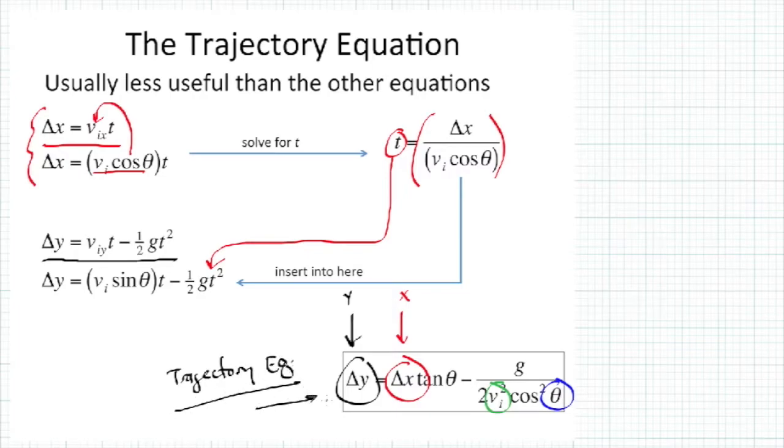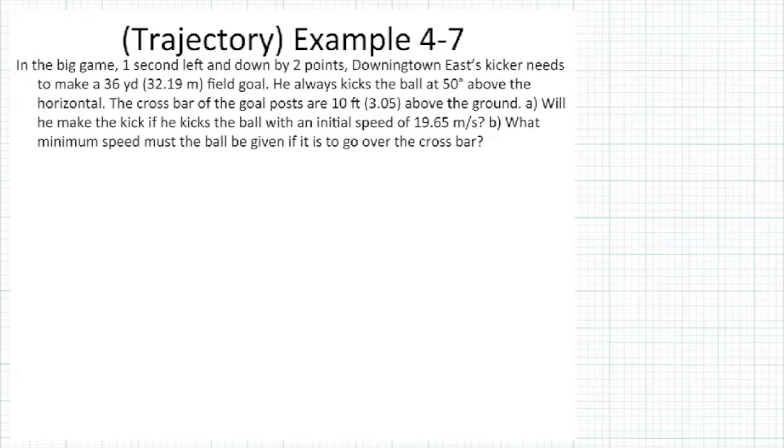Right here. Okay. And so we're going to use that in the next problem to solve for where a ball will be in the y direction given the x direction. This is a field goal football problem, and of course it's Downingtown East, and 1 second left, down by 2 points, you need to kick a field goal. Okay.